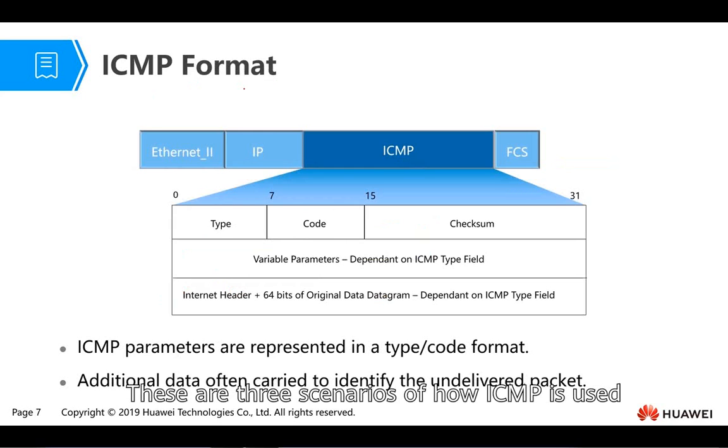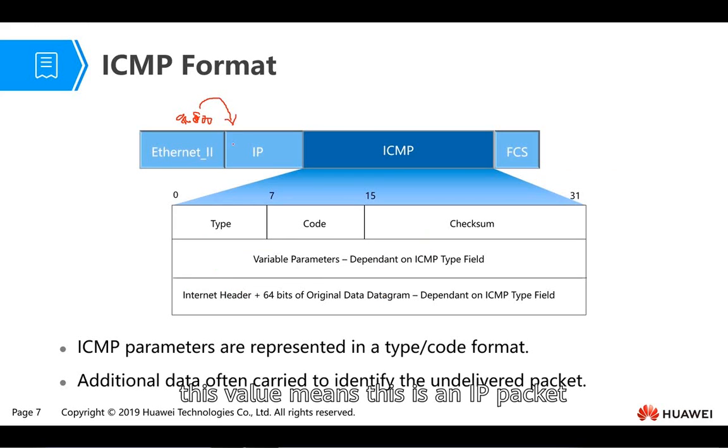Then we can see the format of ICMP. ICMP is carried in IP. This is the Ethernet II frame, which has a type field with the value 0x0800, meaning this is an IP packet.